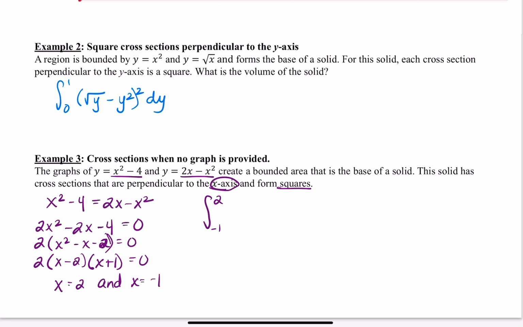And now I usually like to do top curve minus the bottom curve, and that can easily be determined here, because if you know that this right here is a parabola facing up and this right here is a parabola facing down, it's most likely going to look something like that. So the top curve is going to be 2x minus x squared, minus the bottom curve, x squared minus 4. Now the whole thing, of course, is going to be squared with respect to x.